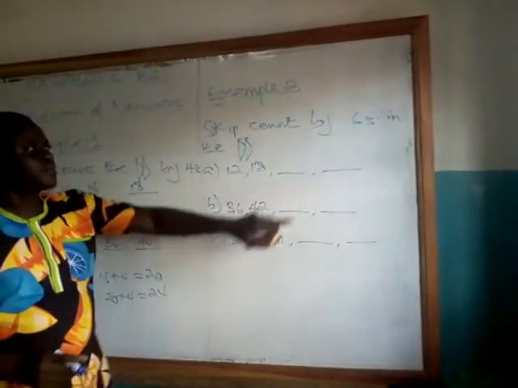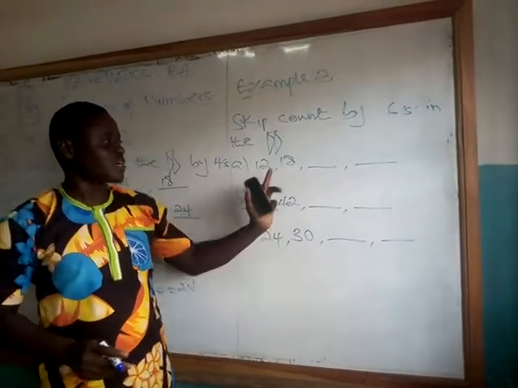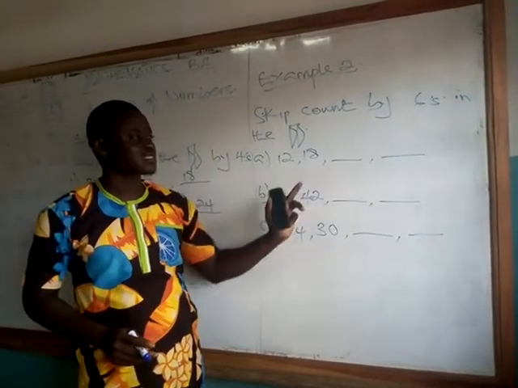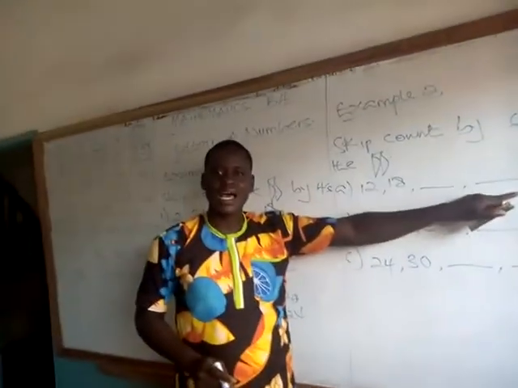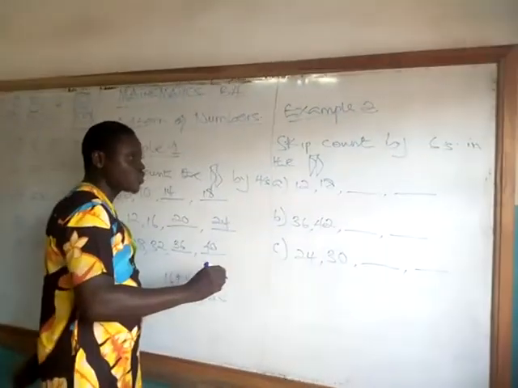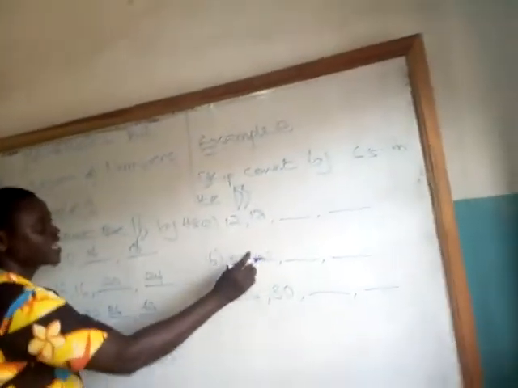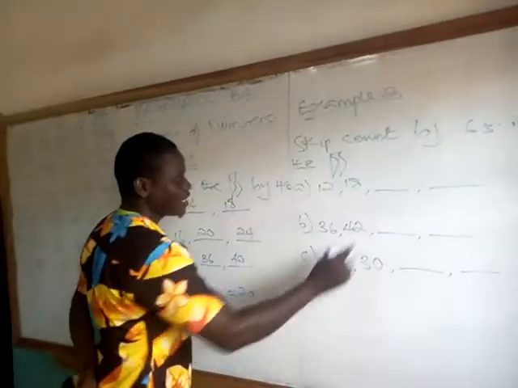We are skip counting by 6. So what it means is that we are going to keep adding 6 until we get to our last box or empty space. So let's find the number that will fit in this empty space.